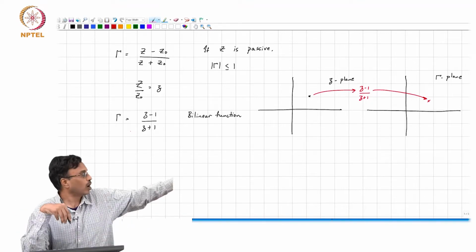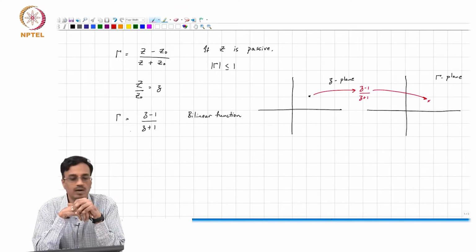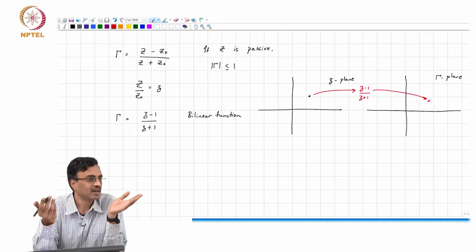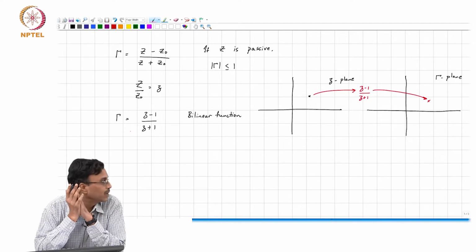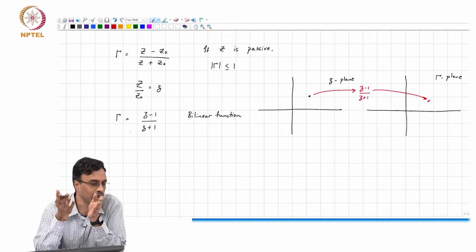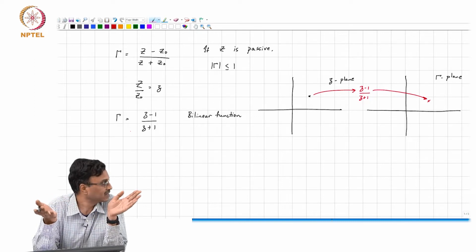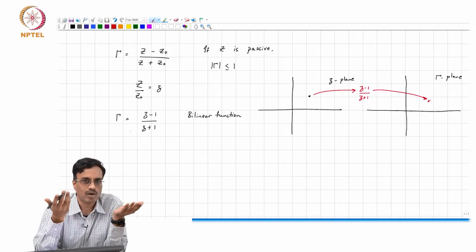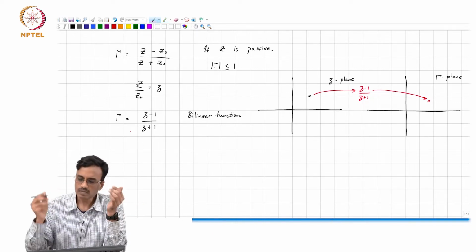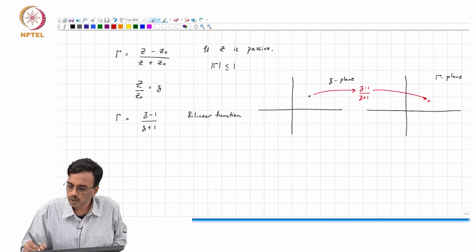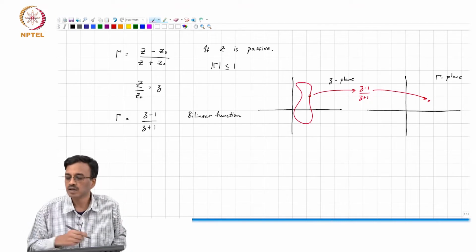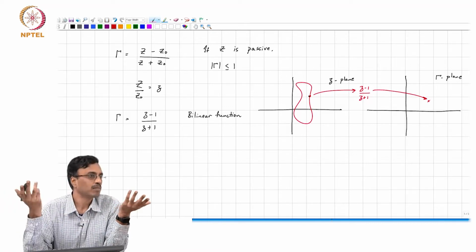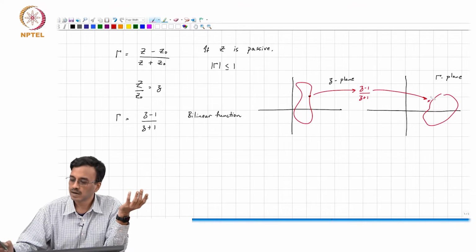So you can plot that complex number in the graph on the right, and that is the plane that shows that's also a complex plane, but the x-axis indicates the real part of gamma, and the y-axis indicates the imaginary part of gamma, correct? So if you trace a curve here, what will happen in the gamma plane? You will have some other curve here, right?